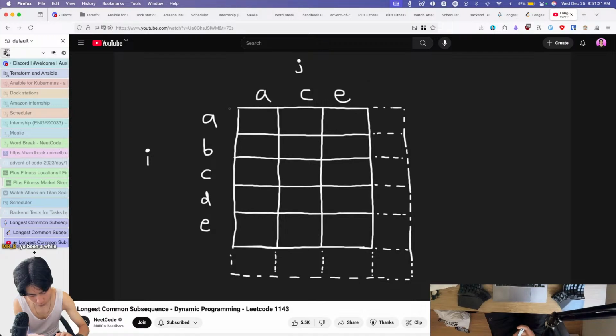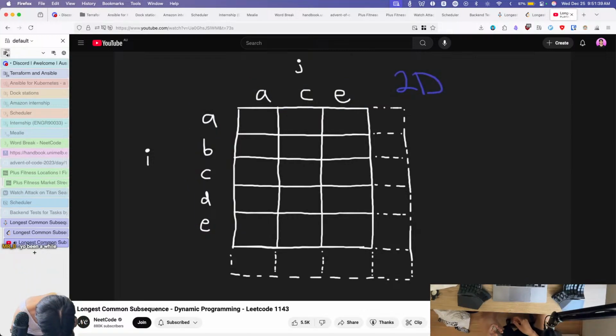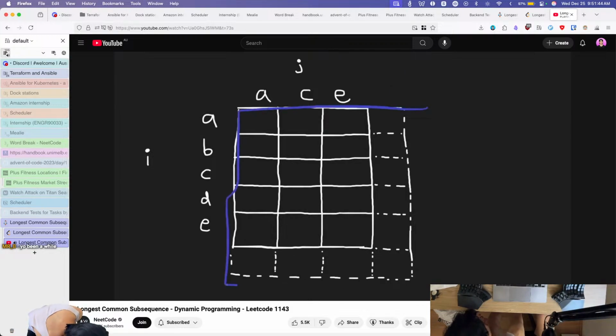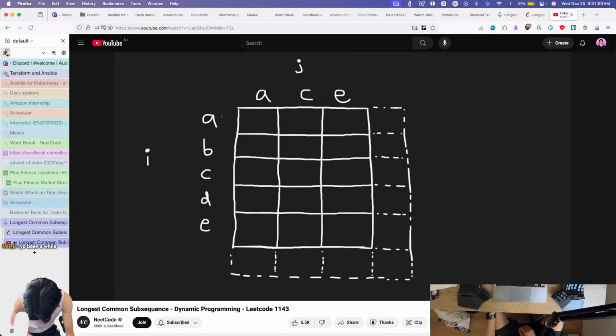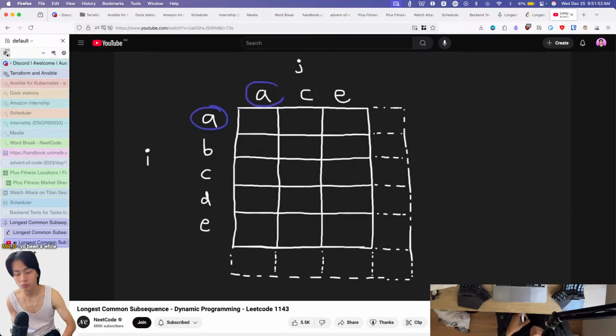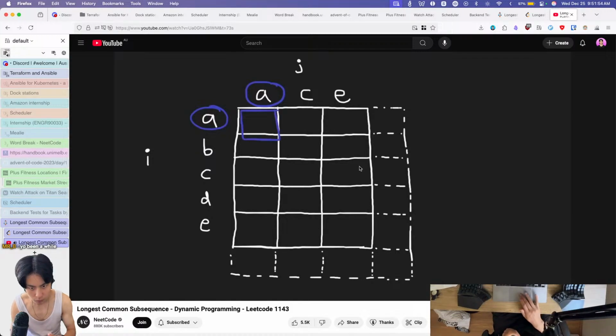I took the two input strings, string 1 and string 2, and I wrote them in a different way. I said that this is a two-dimensional dynamic programming problem, and you might know that a 2D grid like this is commonly used to solve these types of dynamic programming problems. So notice that for each character in both strings, there's a square.